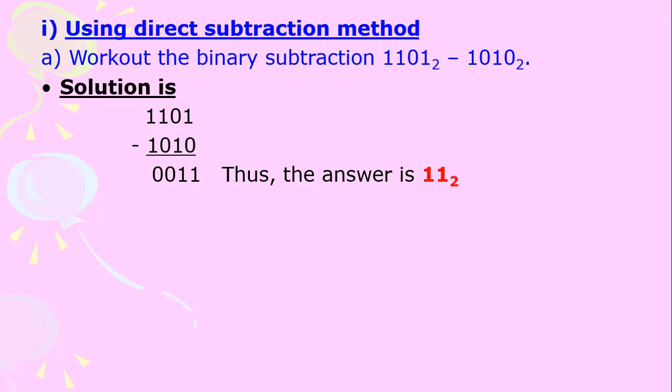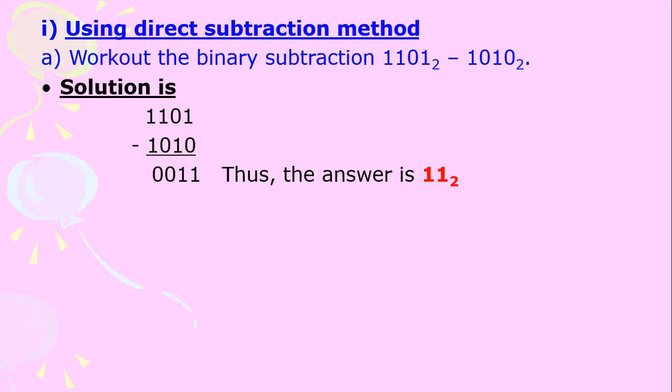Let me put it nicely, my dear students and the rest of the learners. I repeat, 1 minus 0 gives us 1. But because 0 is less than 1 and we want to subtract 1 from 0, we borrow 1 from the left hand side, and that's from the most significant bit.